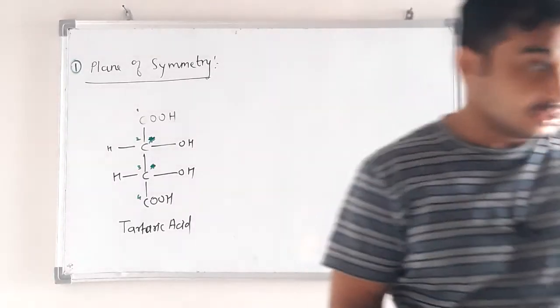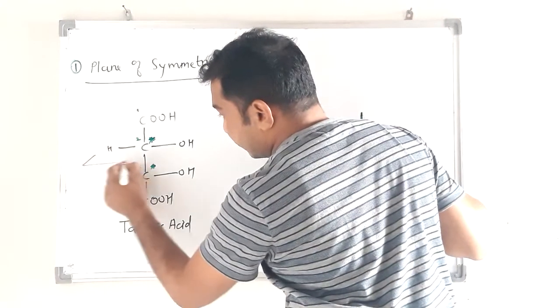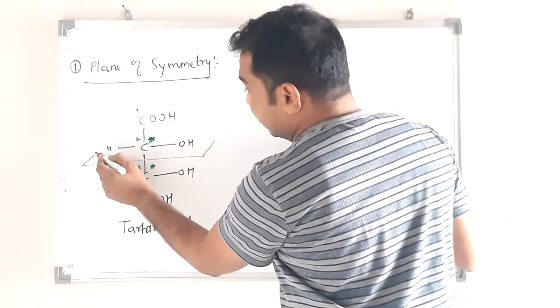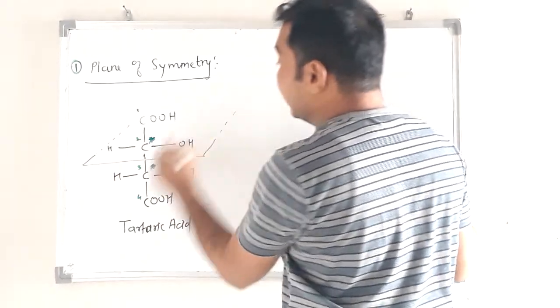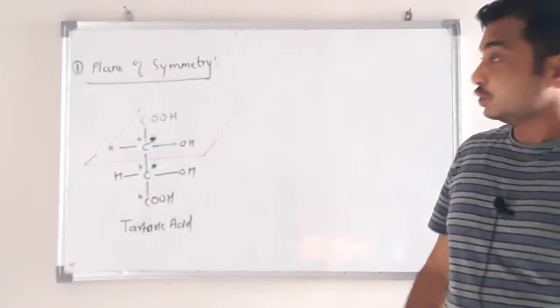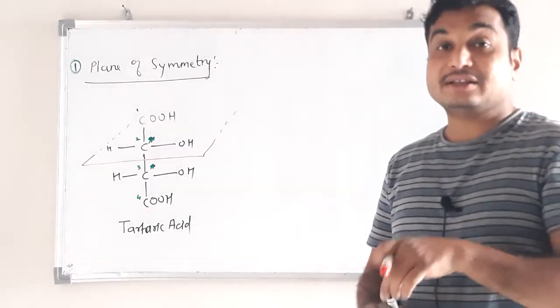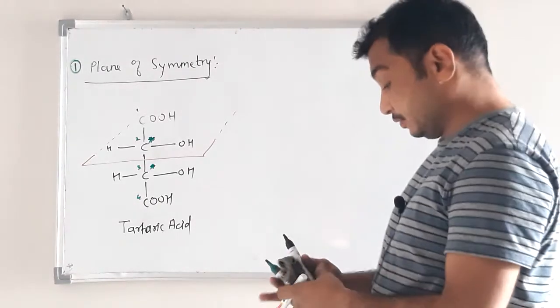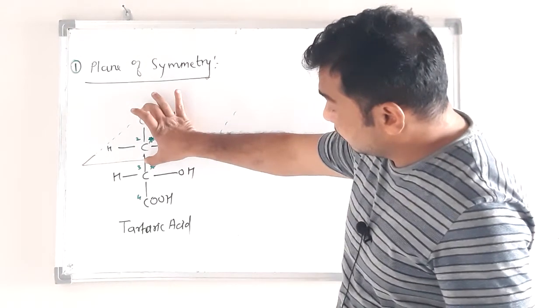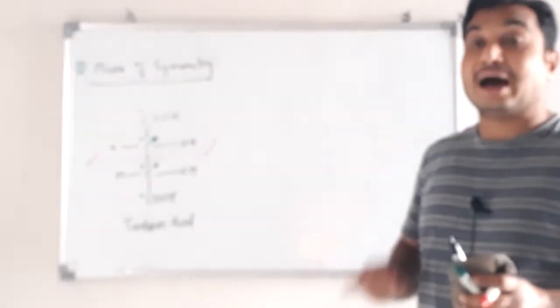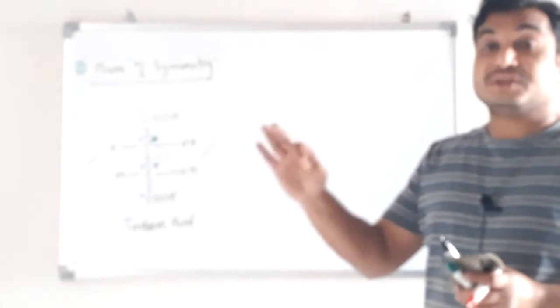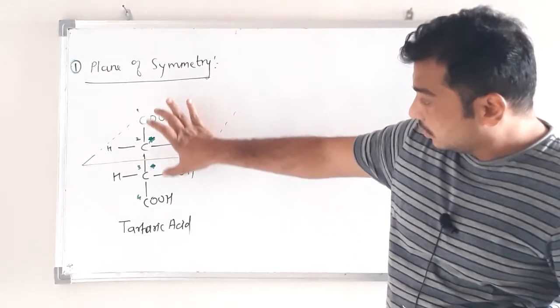This molecule possesses one imaginary plane like this, and this plane divides the molecule into two equal parts. See, upper part and lower part, and these two parts are mirror images of each other.